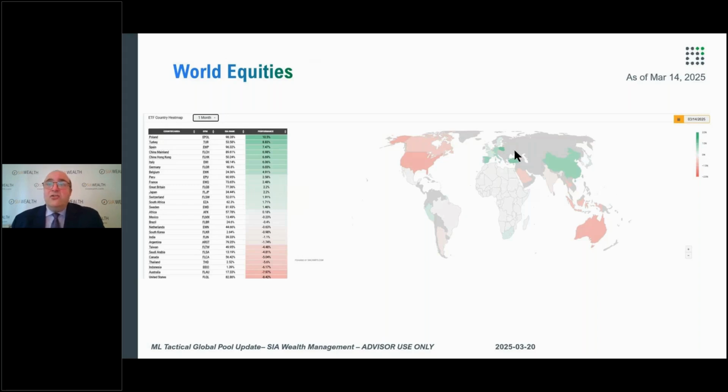On the other hand, in green, markets that have done well include Poland, Turkey, China, Spain, and much of Europe. So we are seeing this rotation from North American leadership to Europe and China leadership, which is interesting. We haven't seen that in a while, and it's something we're continuing to monitor as we move forward.